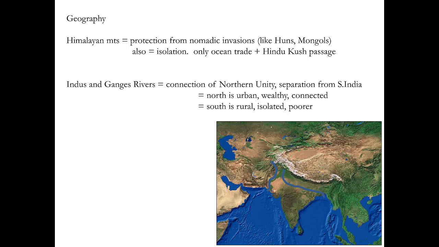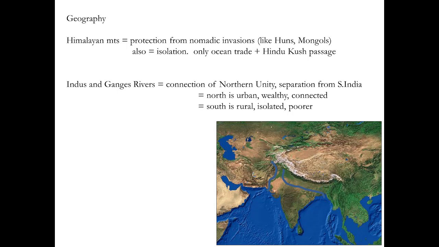There's really only two ways to get to the subcontinent, and that is oceanic trade, of which we have the Arabs, Africa, and Western Indian Ocean trade routes, and the more important Hindu Kush passage that goes into Afghanistan, hooks up with the Silk Road, and you go right into China and left into the Middle East.